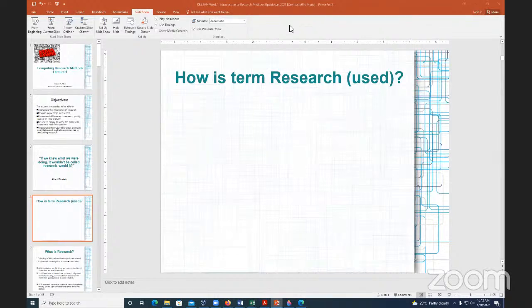It's to create new knowledge. Create new knowledge. Okay, yes, it's creating new knowledge, but there are some steps before that.